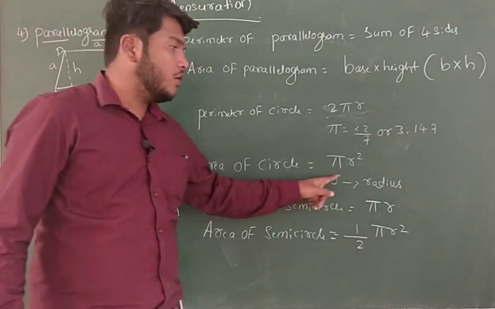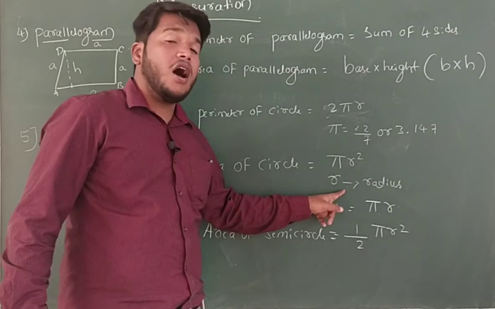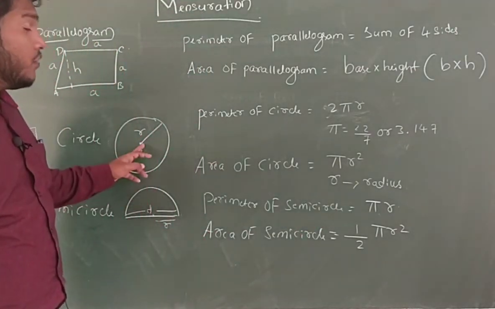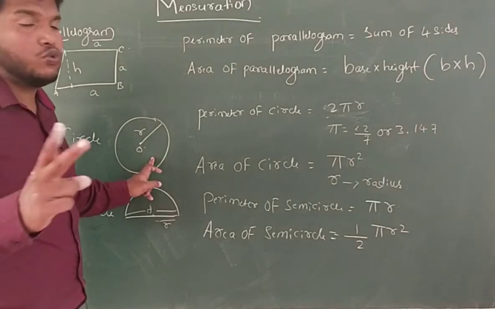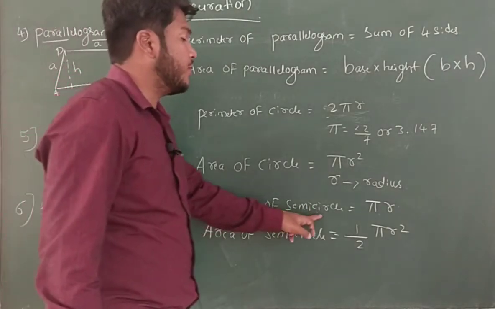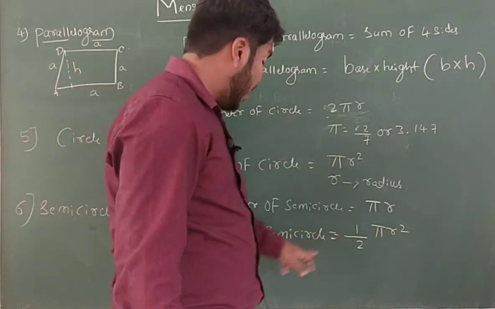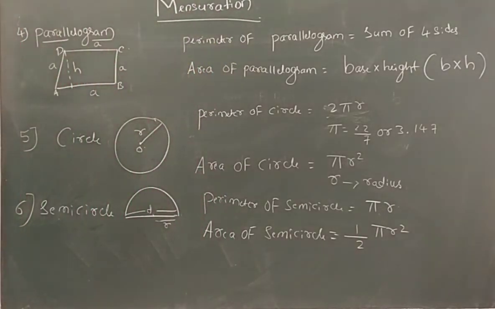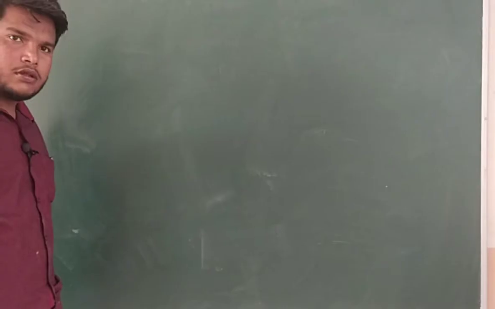Area of circle is pi r square, where r is radius. Similarly semicircle: if you divide a circle into 2 parts, it splits into 2 semicircles. So perimeter of semicircle is equal to pi r, and area of semicircle is equal to half pi r square. I hope you understood some of the basic formulas.